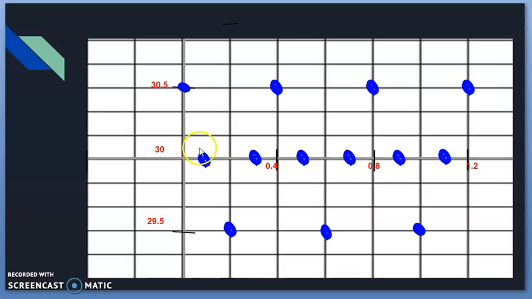Now recall the amplitude is 0.5 feet. So we will go from the midline at 30 to 30.5 and the midline at 30 down to 29.5 feet.